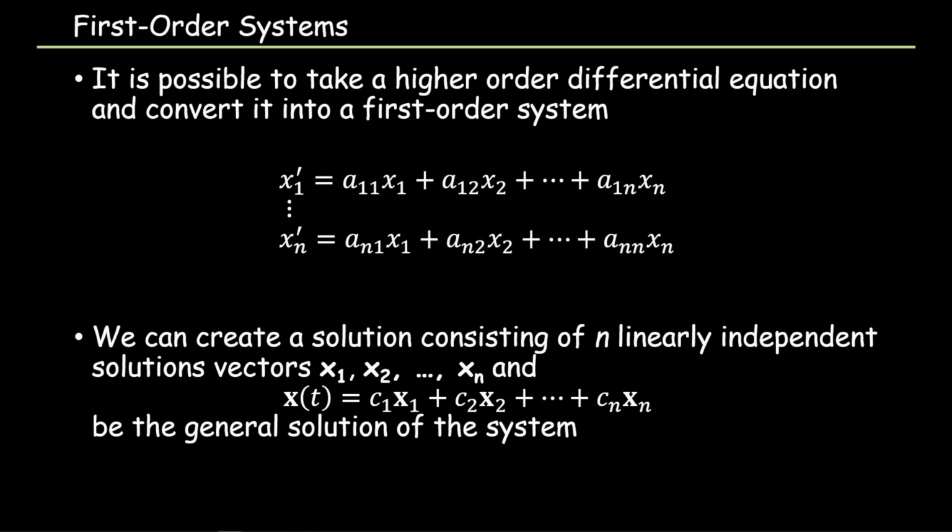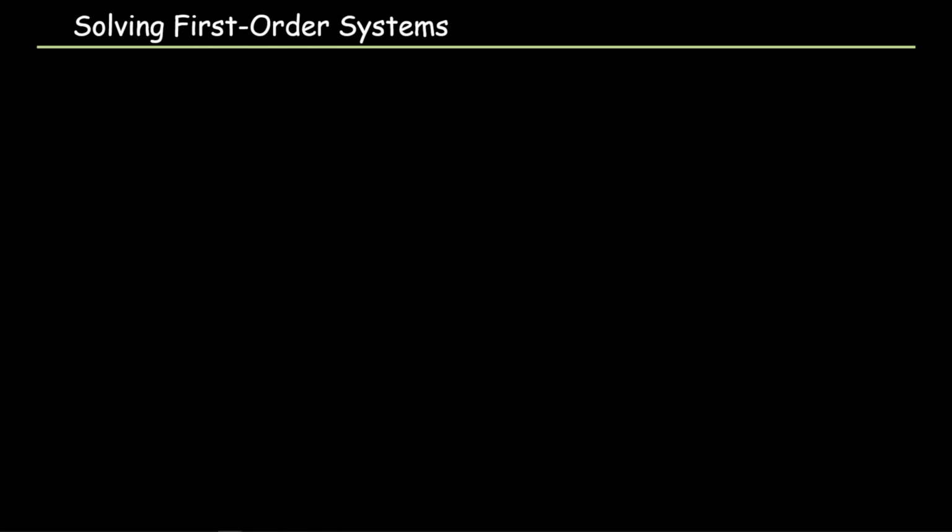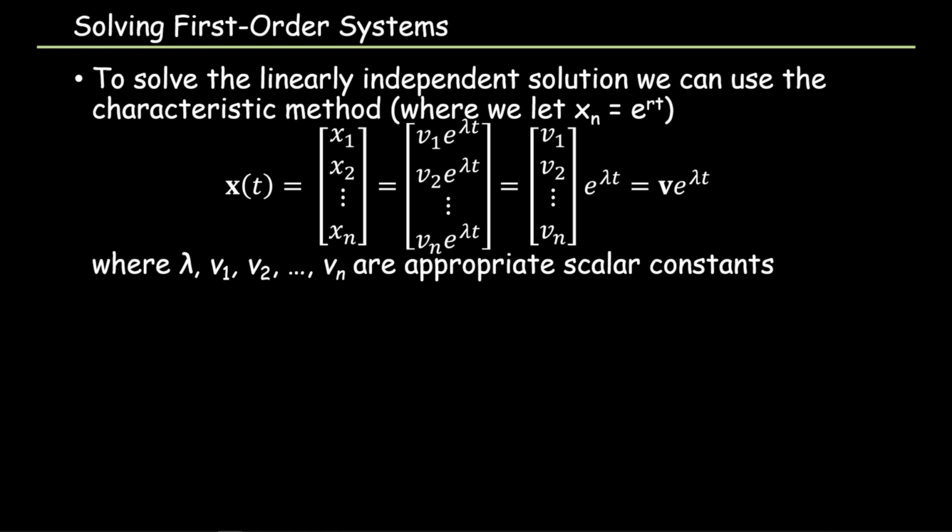Now this is where the new part comes in, solving first order systems. To find the linearly independent solutions, we can use the characteristic method where we let x equal e to the rt. The only difference is we're going to substitute lambda for r, and we are going to put it in matrix form. As you recall, last lecture I mentioned that you can put a system into matrix format.